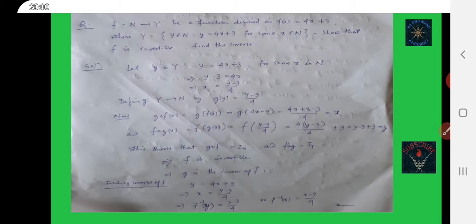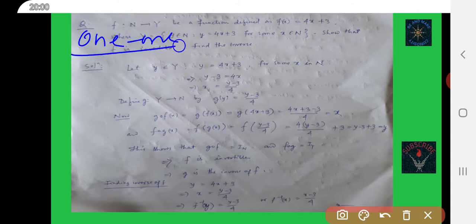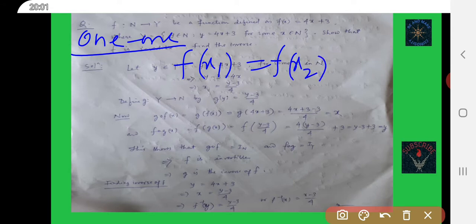Now we can show this function is invertible by showing f is 1-1 and onto. How? First we show 1-1. First you write f of x1 is equal to f of x2. If we show this leads to x1 is equal to x2, then yes, the function is 1-1.